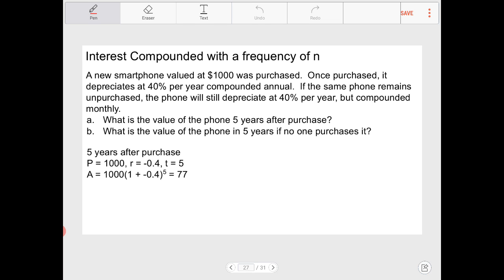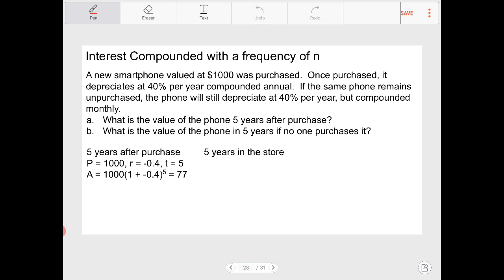If I make the appropriate substitution, I end up with $77 in 5 years, which sounds about right. If you're carrying a phone that you spent a ton of money on 5 years ago, because it's been used, and the overall value of the phone just depreciates because new technology comes out, yeah, it's $77.